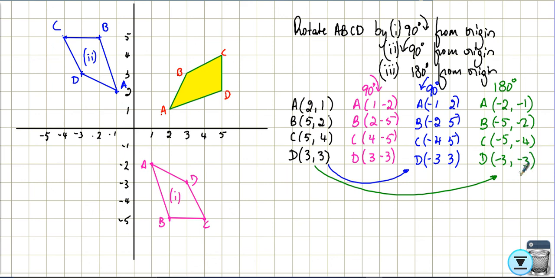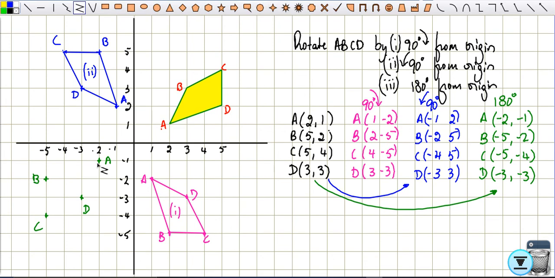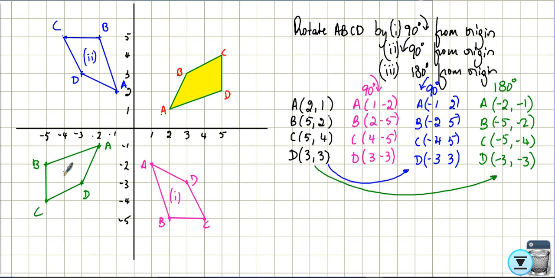I'm going to plot minus 2, minus 1, A; minus 5, minus 2, B; minus 5, minus 4, C; and minus 3, minus 3, D. I'm going to draw the shape ABCD, and that is the third and last transformation, rotation of 180 degrees from the origin.